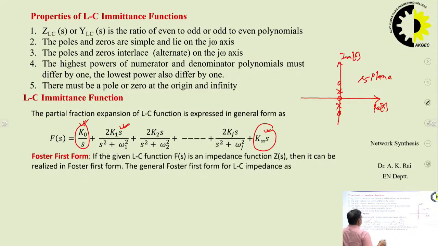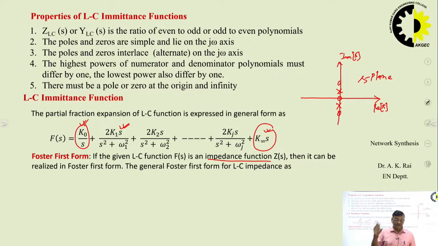So if the given LC function is an impedance, suppose F(s) is Z(s), then it can be realized in Foster first form. If the given function F(s) is an impedance function, then we can go for the Foster first.